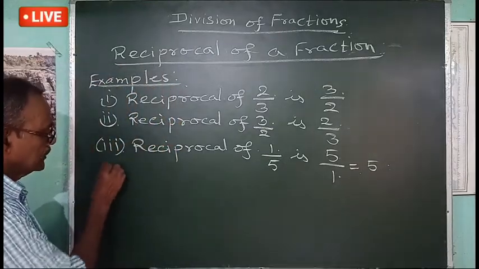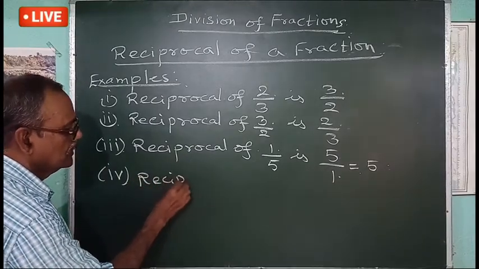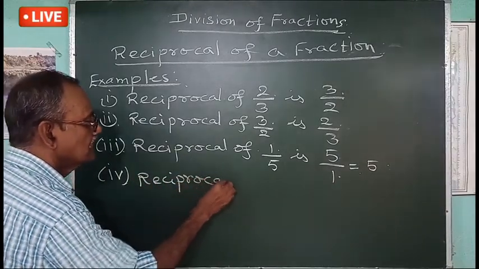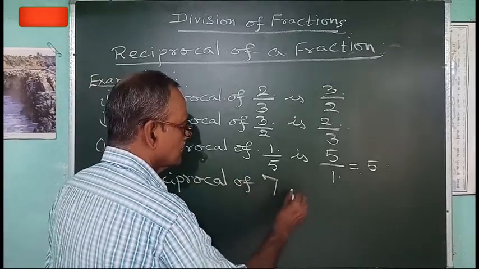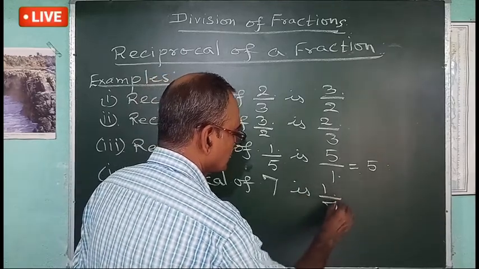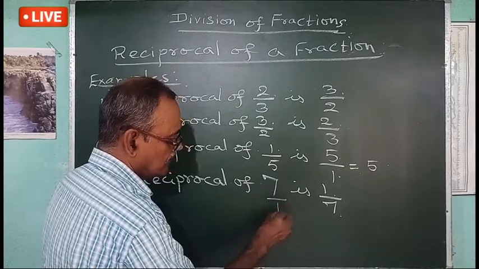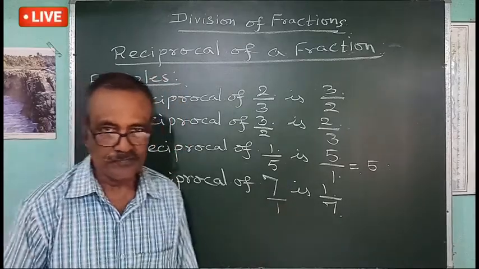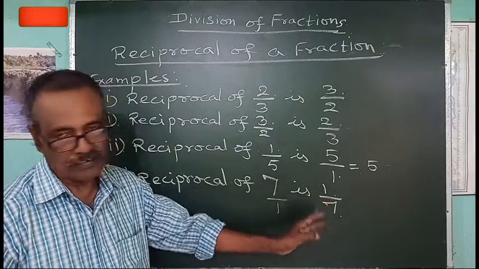Then another example, reciprocal of 7 is 1 by 7. Since 7 equals 7 by 1, it becomes 1 by 7.